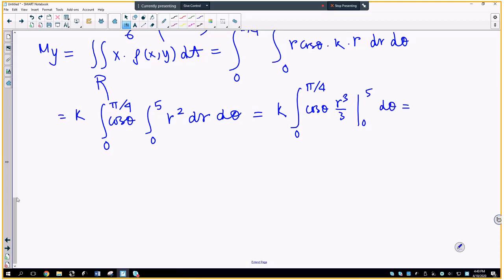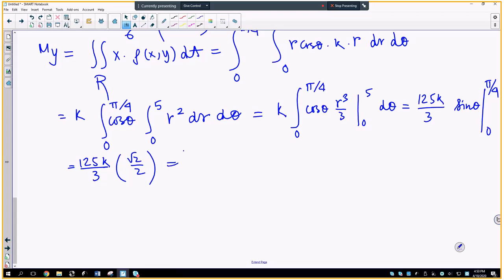So again, it's 125 over 3. I will take it outside. And antiderivative of cosine theta is just sine theta, which is evaluated in the limit of 0 to pi over 4. So I get 125k over 3 times sine of pi over 4, which is square root of 2 over 2, and that's it. Sine of 0 is 0. I don't even worry about that. So this is 125k square root of 2 over 6.